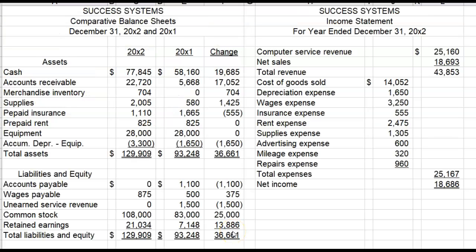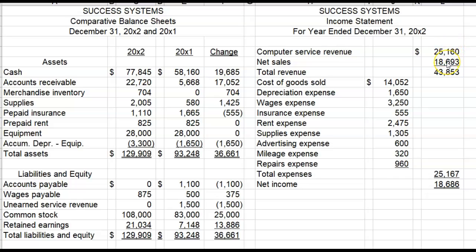You probably remember that statements prepared in accordance with generally accepted accounting principles always follow the accrual basis of accounting. Under the accrual basis of accounting, we recognize revenue regardless of whether cash for that revenue has been received or not.